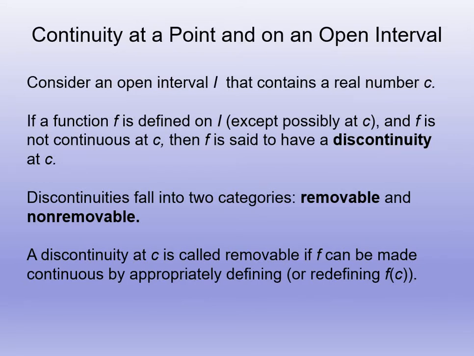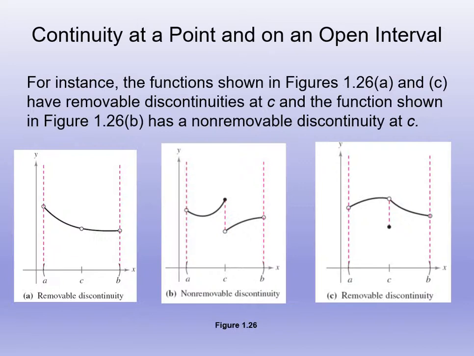There's a removable and a non-removable discontinuity, okay? So a discontinuity at c is called removable if f can be made continuous by appropriately defining a value for c. So we could evaluate and say that f of c is the limit. Okay, so if we can define it that way, we can say that it's called a removable point of discontinuity.